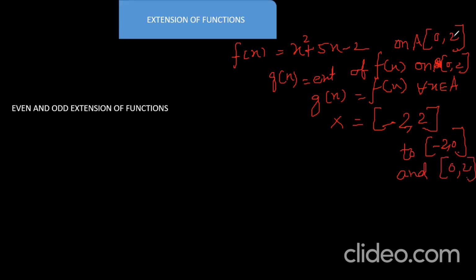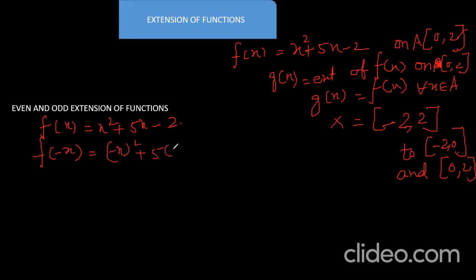Say I am taking f of x equal to x square plus 5x minus 2. I am finding f of minus x: minus x whole square plus 5 into minus x minus 2. So what I get is x square minus 5x minus 2.